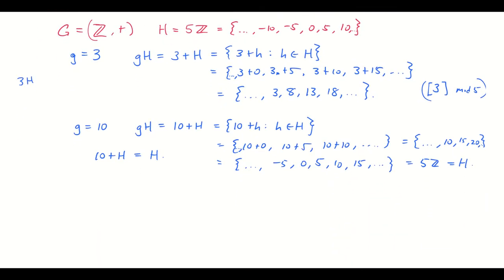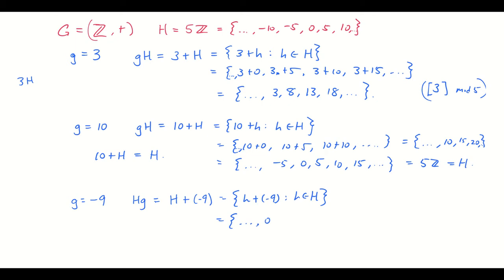Okay, so back down on my example here. Another thing that we might do is we might try constructing right cosets. So let's say G is, what have I not used yet? Let's try -9. And then HG is going to be the set of all elements of H plus -9. So it's going to be the set of all H plus -9, where H belongs to my subgroup.